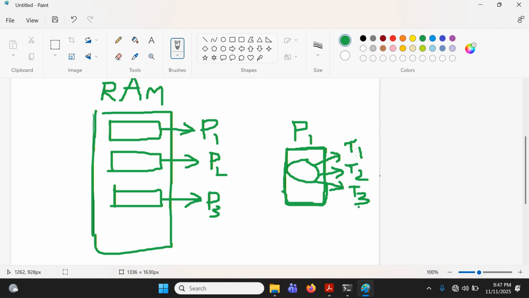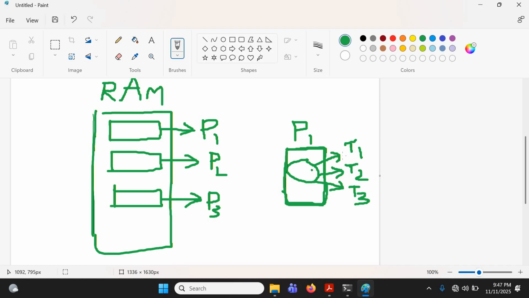T1, T2, T3, these three threads share common memory. This is the common memory. So a thread is a subprocess in a process to accomplish a subtask.